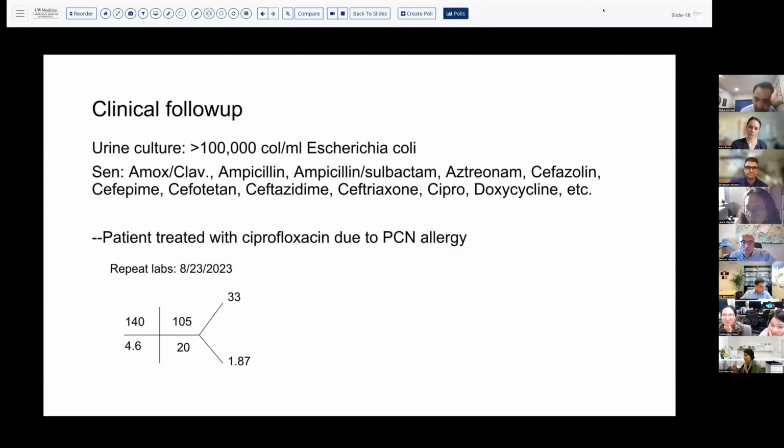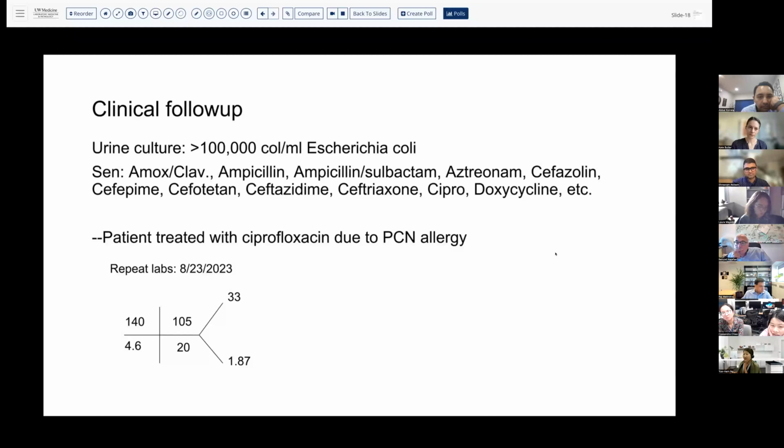So maybe I'll answer this first and then answer Cassandra's question. We did a urine culture the day of the biopsy, and that urine culture later came back as having greater than 10 to the power 5 colonies per ml of E. coli, which was pan-sensitive.